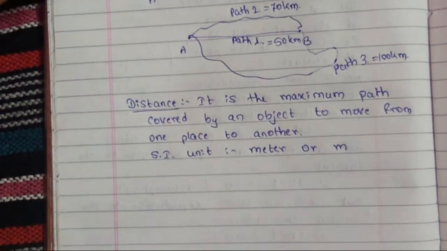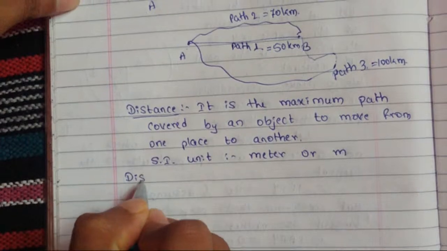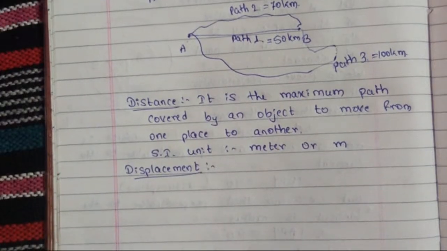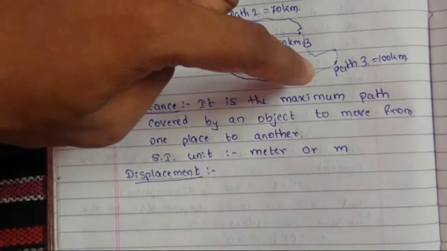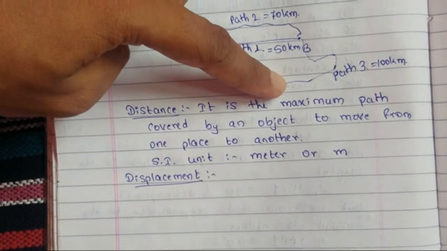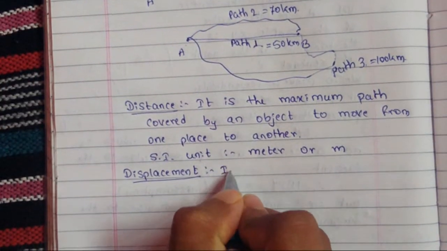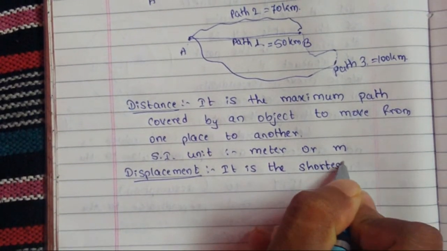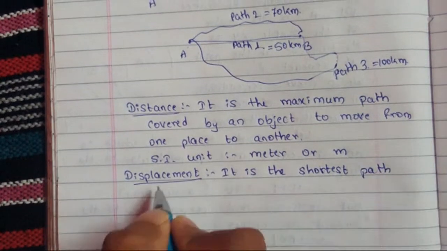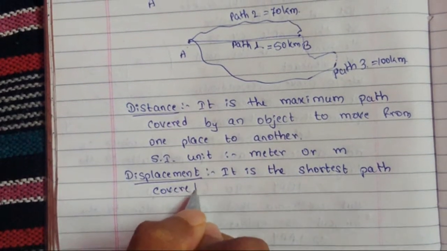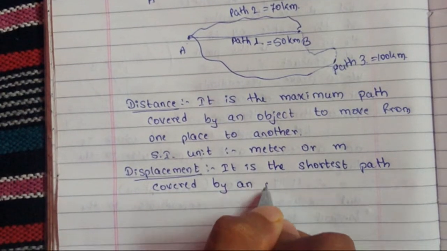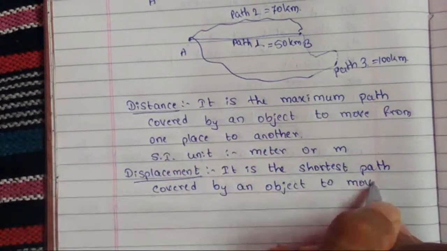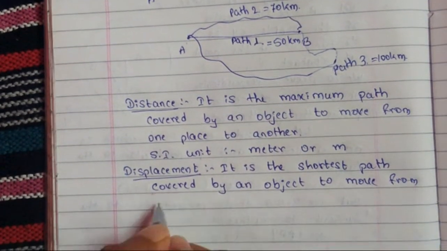Now we come to displacement. It is the shortest path covered by an object. See here, distance is the maximum or longest path covered by an object, but displacement is the shortest path covered by an object to move from one place to another.